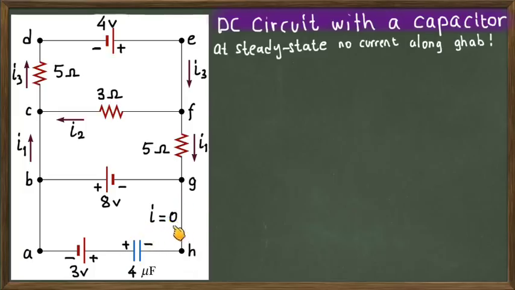So the current on this branch at the steady state for this multi-loop circuit is 0. Why? Because after a long period of time, the capacitor will be fully charged, and there will be no more charging. That means there is no more current flowing through the capacitor.